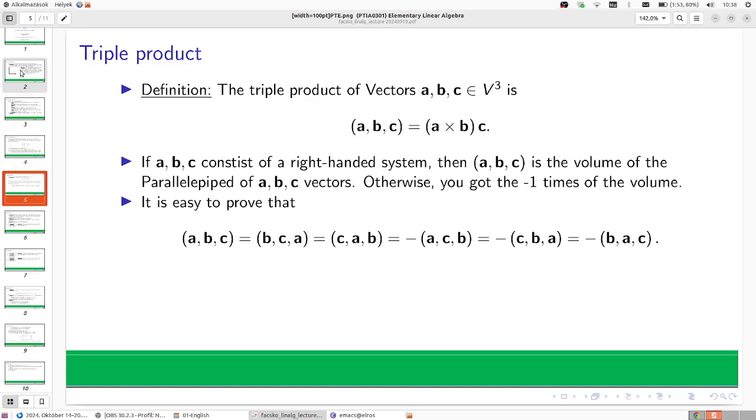And similar to this, if A, B, C is a right-handed system, then (A, B, C) is the volume of the parallelepiped of the A, B, C vectors. If it's not a right-handed system, then the number is minus 1 times the volume.